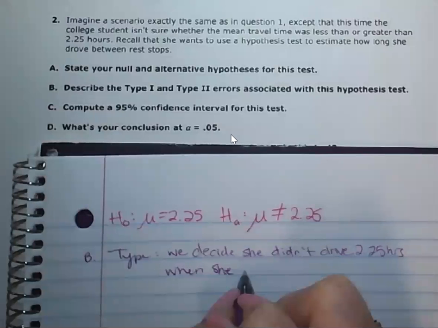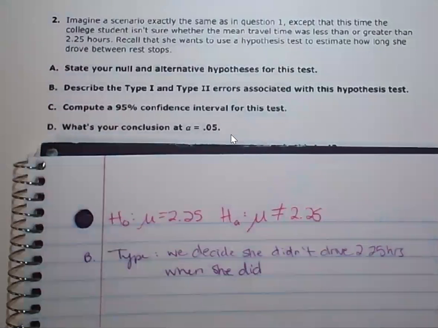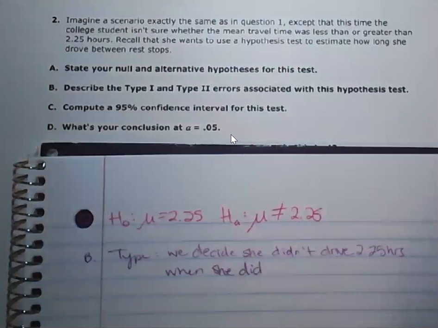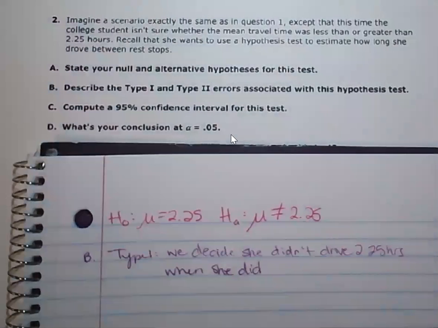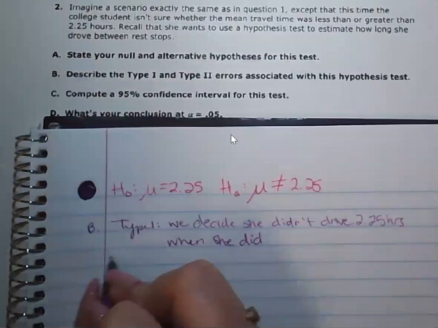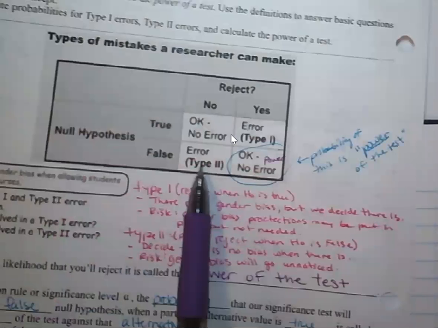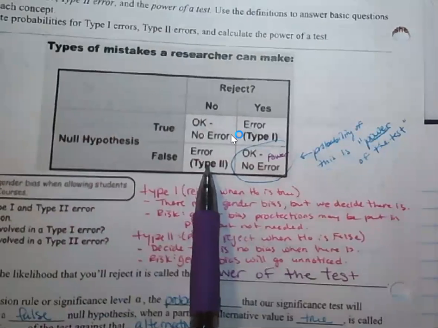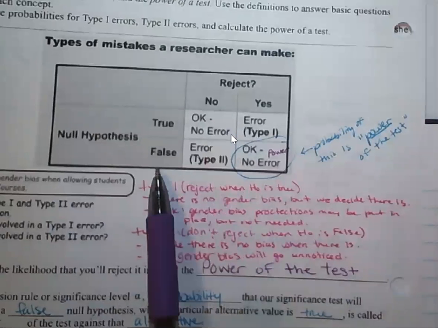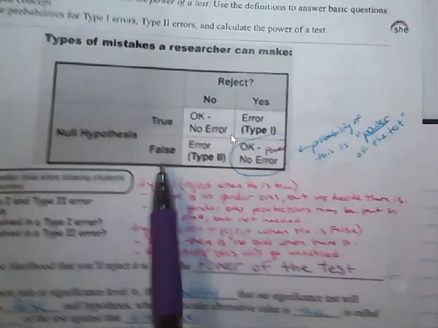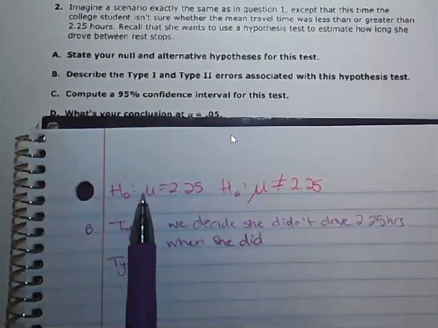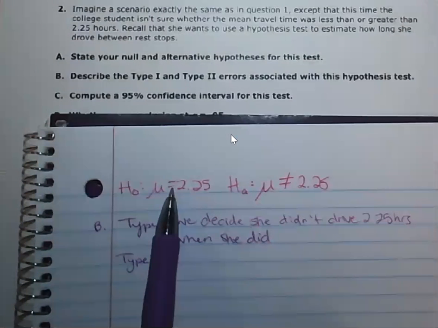It doesn't say to talk about the implications of that, just to state what that error would look like. And then a type 2 error is that we fail to reject the null hypothesis when the null hypothesis is false. So that would mean we would say this is true, but it's actually false.